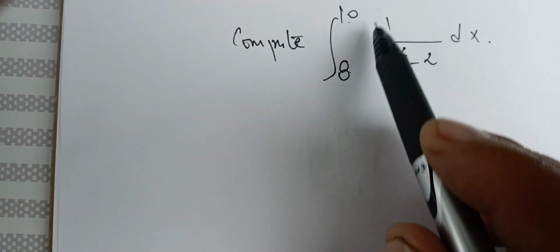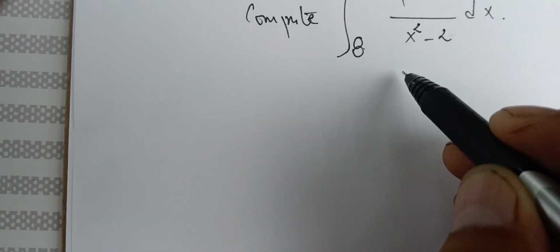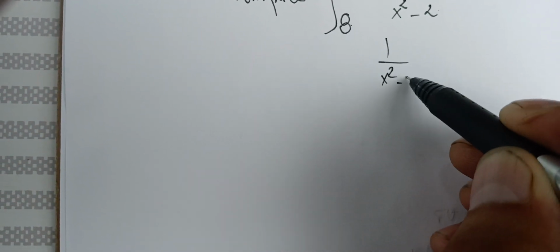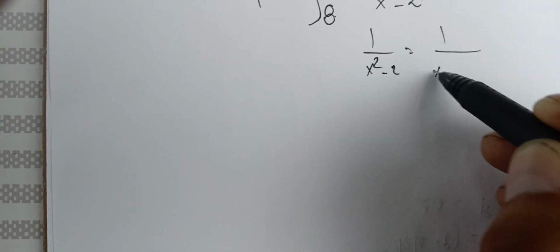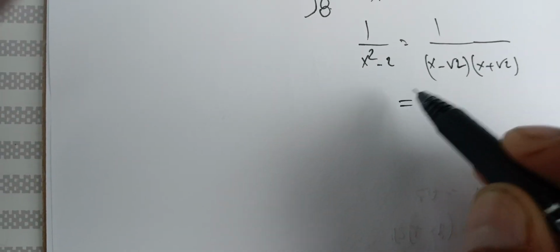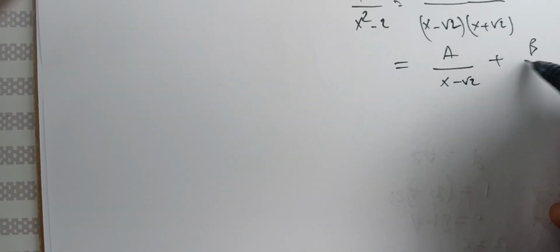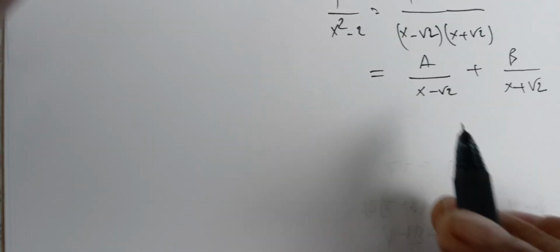Okay, when we have this kind of fractions, we can decompose them in the following manner. We have 1 over x squared minus 2 factored as x minus square root of 2 times x plus square root of 2, which we can rewrite as a over x minus square root of 2 plus b over x plus square root of 2.